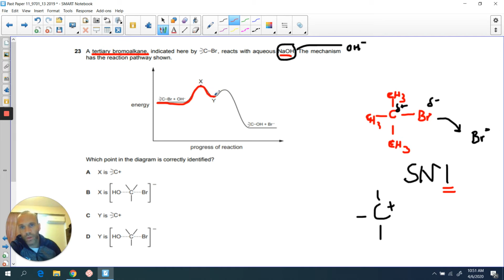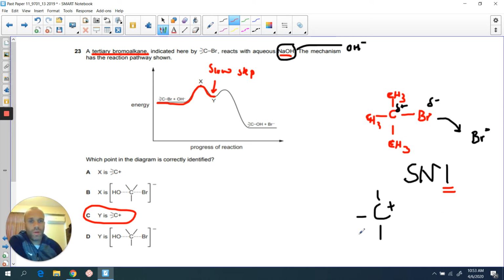We've got to this point Y. We've arrived here after the slow step. So we've actually got to our answer right now, although I will continue explaining. Y is indeed the point at which we form this carbocation. So the answer is going to be C here, but I'll continue talking through the rest of the question.